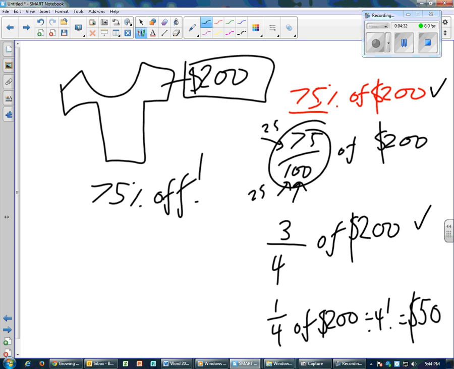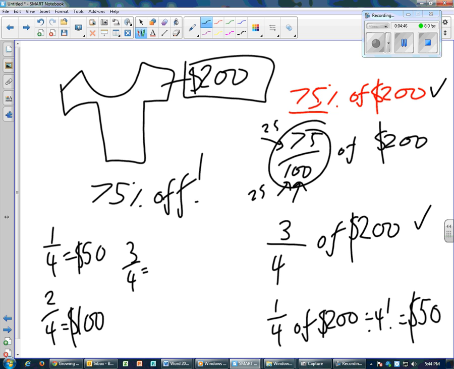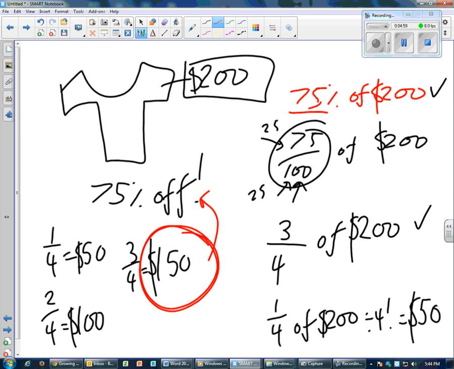So if 1/4 equals $50, 2/4 must equal $100. That means 3/4 equals $150, which means you are saving $150 if you are buying this shirt, which is 75% off.